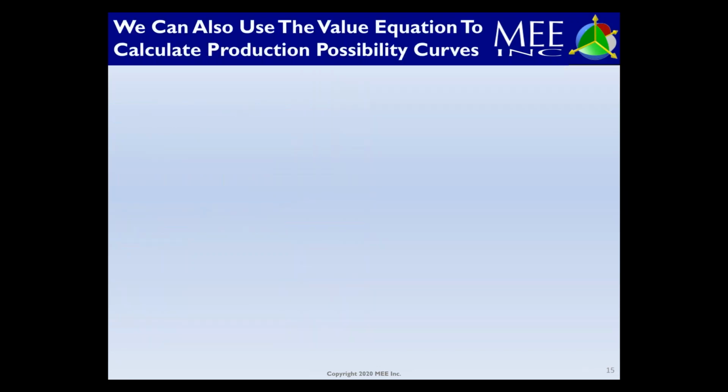So you can also use this value equation to calculate production possibility curves. What do I mean by that? Now, in econ books, you may have seen production possibility curves as curves that hypothetically show you the relationship between guns and butter, or any two discrete elements that you want.